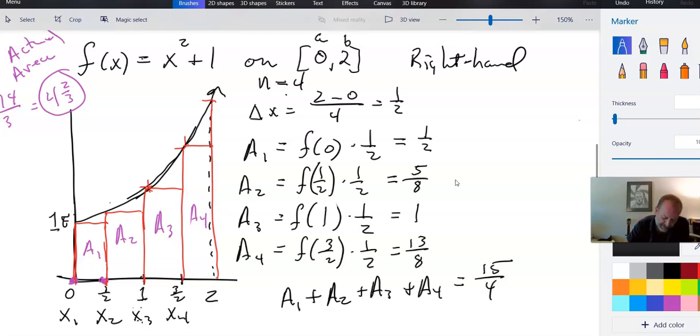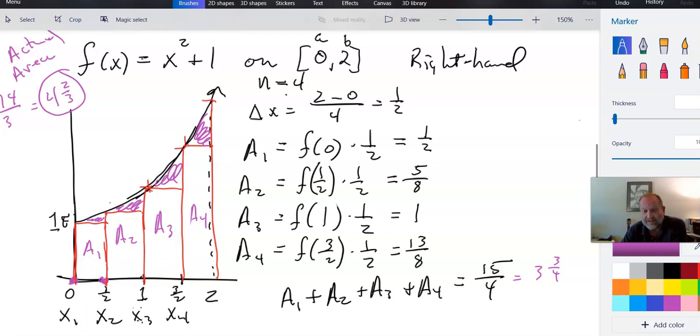Now this should be an underestimate because we have all these areas over here that didn't get counted. These are all the things that didn't get used, those areas aren't counted. So this should be an underestimate. And remembering that our actual measurement was 4 2/3, this ends up being 3 3/4.